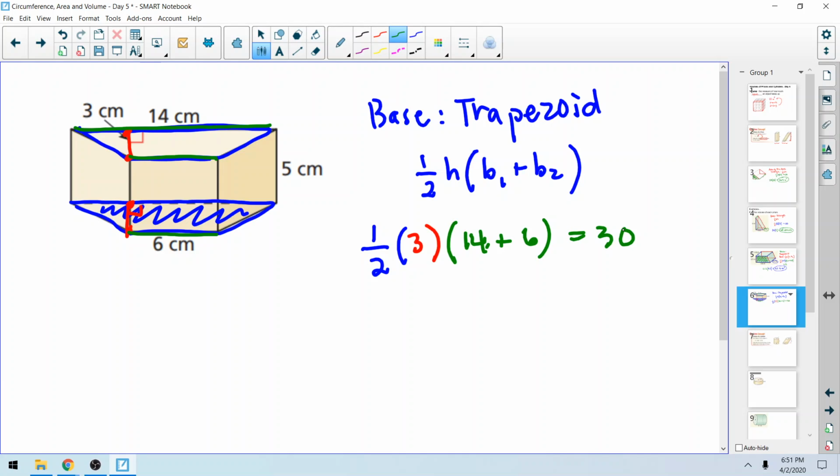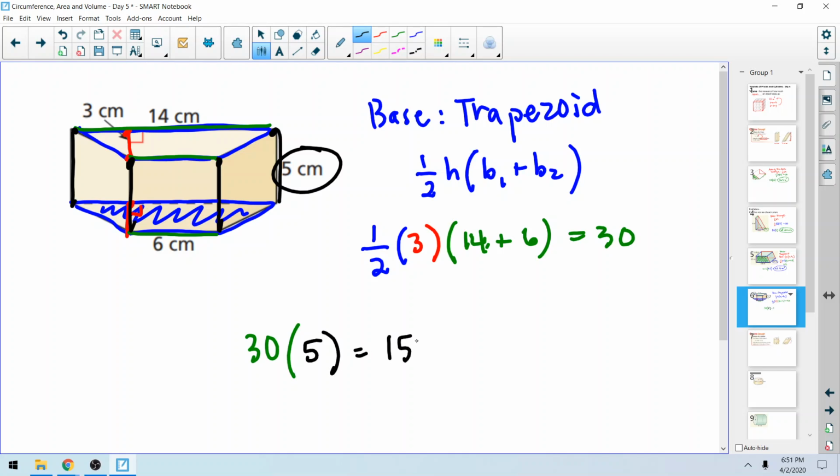So to find the total volume of the prism, we take the area of the base times the height. The height, once again, is the distance from the trapezoid to the trapezoid. We're working with 5, which gives us 150 cubic centimeters, and that's how we find the volume of a prism.